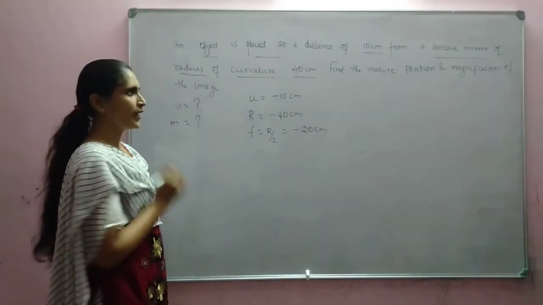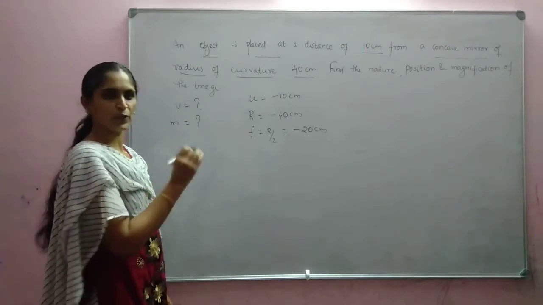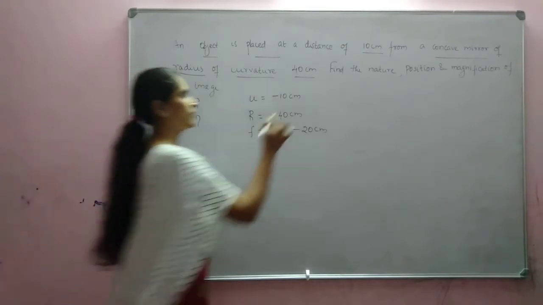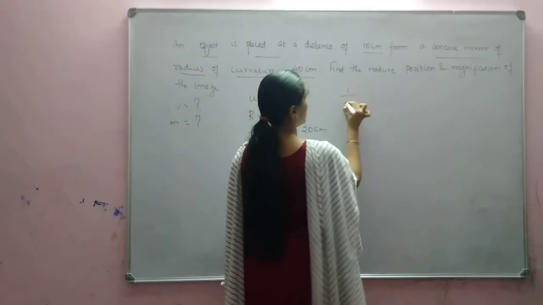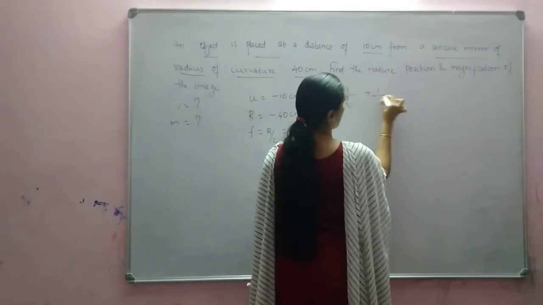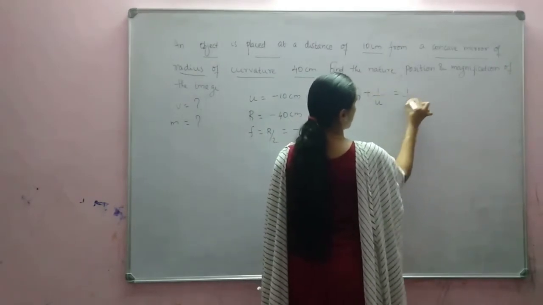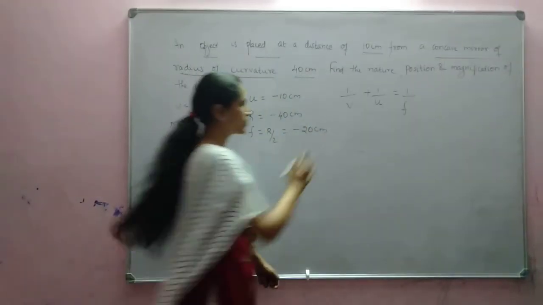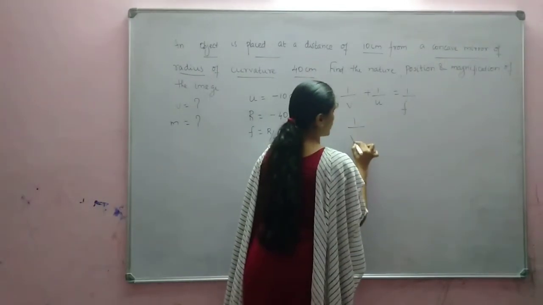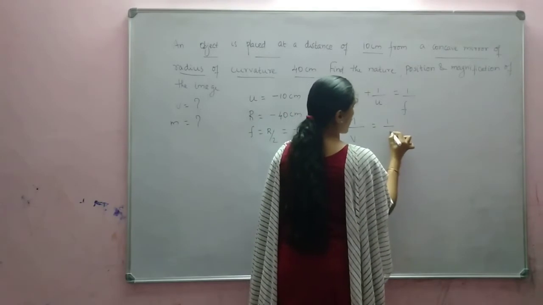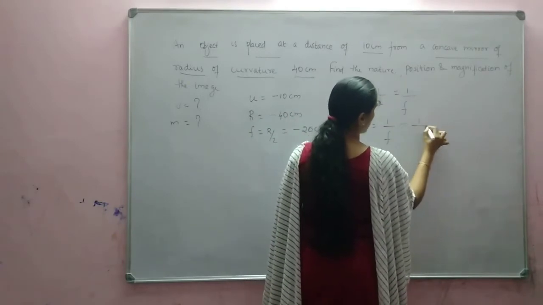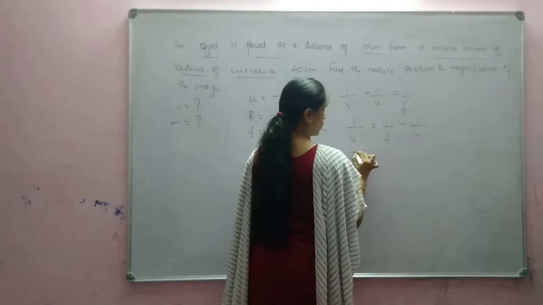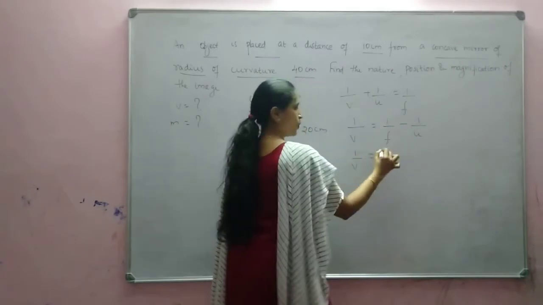Now which formula do we have to use? We have to use the mirror formula: 1/v + 1/u = 1/f. Here u is given, f is given, we have to find v. First of all, we can rearrange the equation: 1/v = 1/f - 1/u.